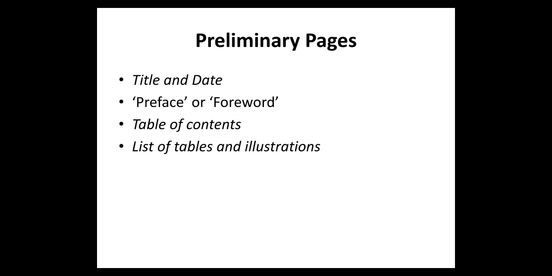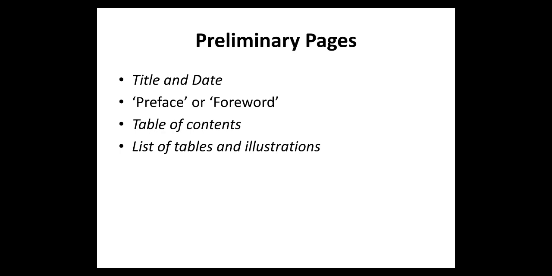The interested readers see these preliminary pages and find whether the information they expect is available in the particular report or not. If the information is there, they can see directly where that information is located.